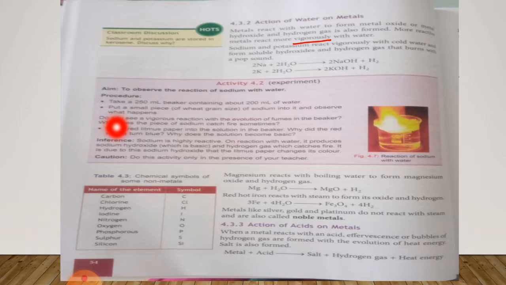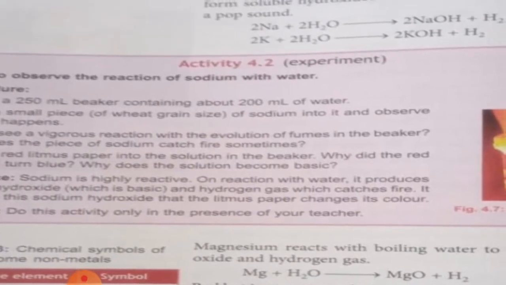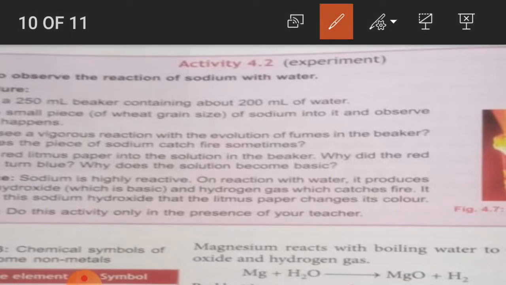So, you have to take sodium of wheat size and add it to the water containing beaker. Do you see a vigorous reaction with the evolution of fumes in the beaker? Evolution means to come out.